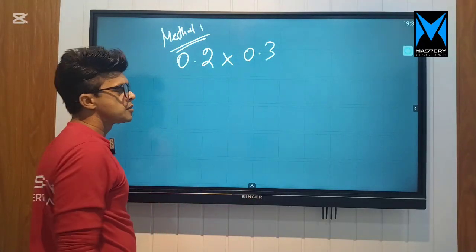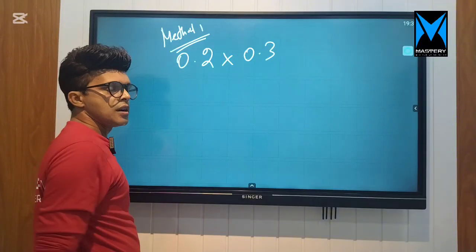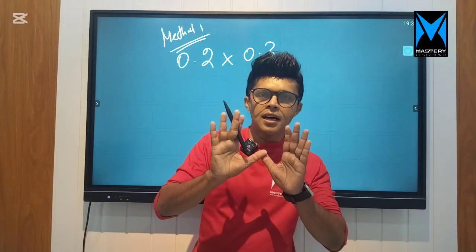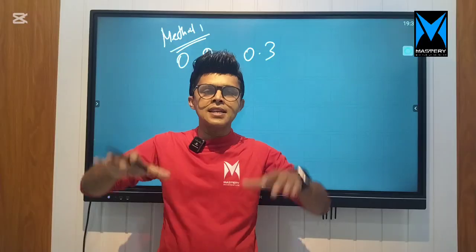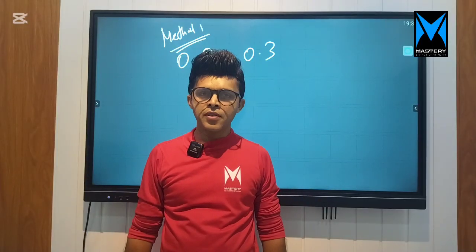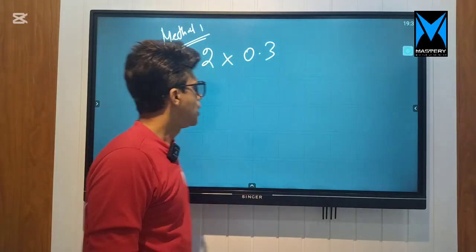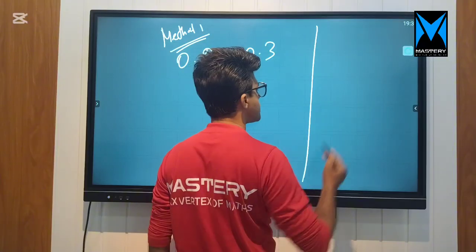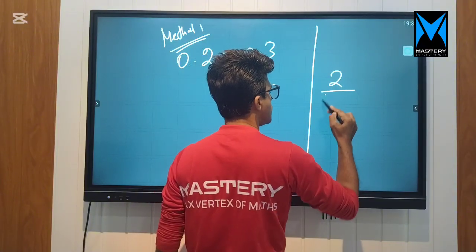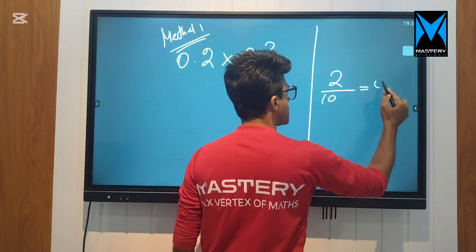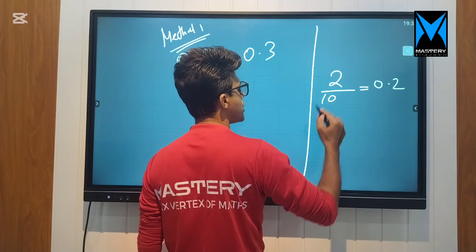How can you do this? Writing the decimal number as a fraction helps simplify it. 0.2 can be written as a fraction.